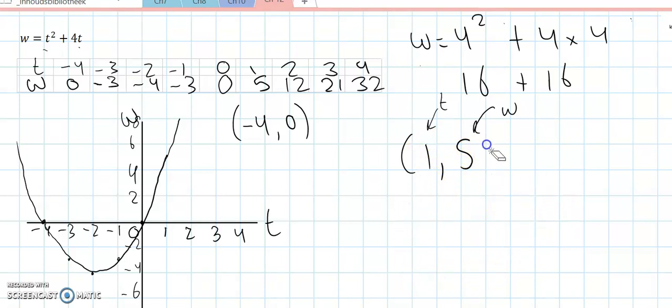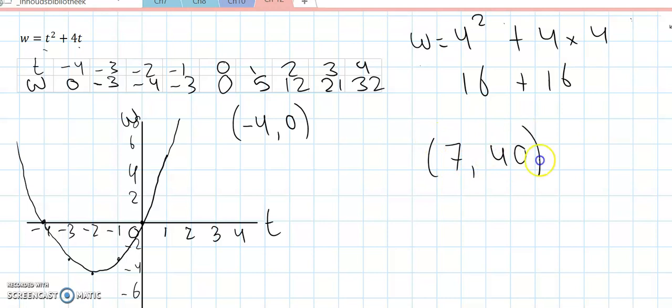Another one, if I ask you, does the point 7, 40 lie on the graph? Then you're going to replace the t, because this is the t value, with 7. And then you calculate if w is 40, if that's the outcome. So w is 7 squared plus 4 times 7.